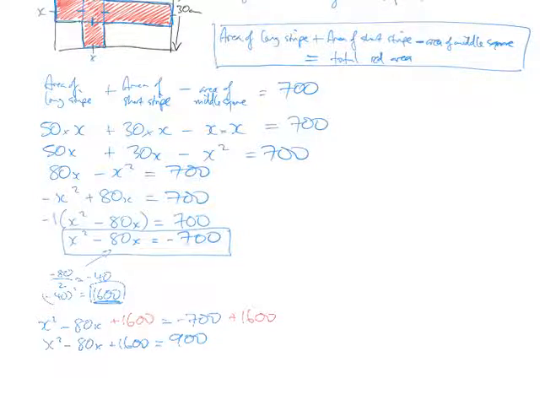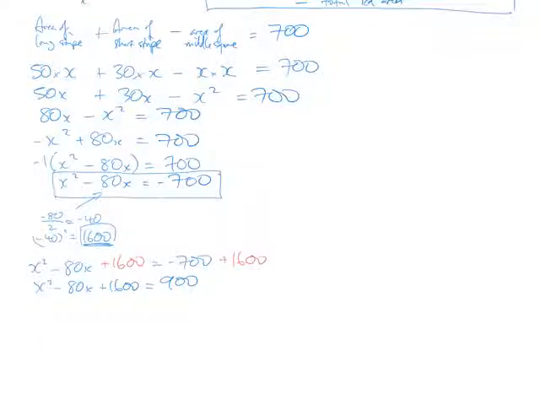Alright, now we can factorize the left hand side. What is something that I can times by itself to get 1600? 40 times by 40. Can I add those together to get negative 80? Plus 40 is not negative 80.